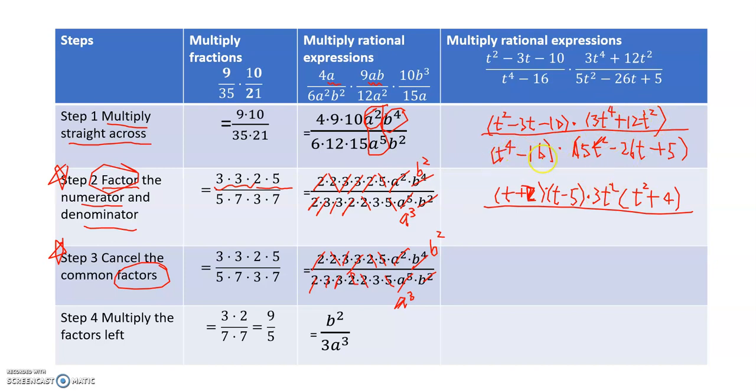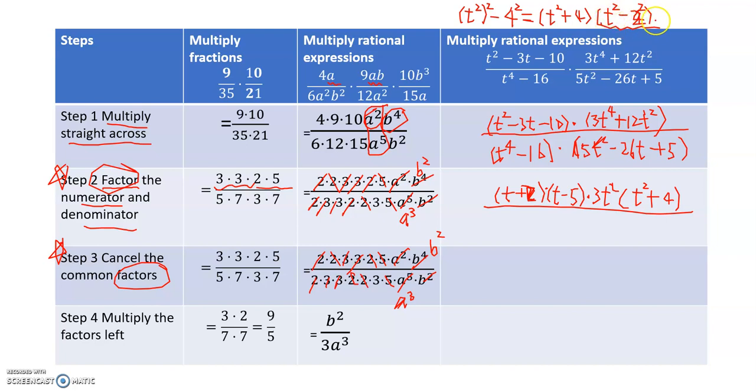And the bottom, t fourth minus 16. So let me put the process here because it takes 2 steps. First of all, t fourth is t squared squared, and 16 is 4 squared. So that's a difference of 2 squares. I can get t squared plus 4 times t squared minus 4. And t squared minus 4, notice that it's also another difference of 2 squares because 4 can be written as 2 squared.